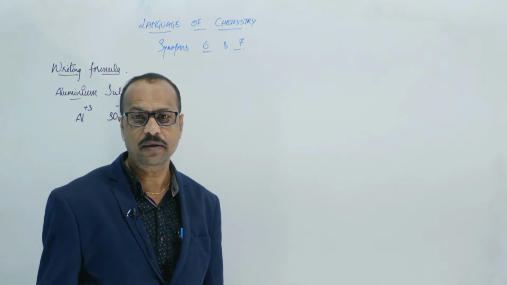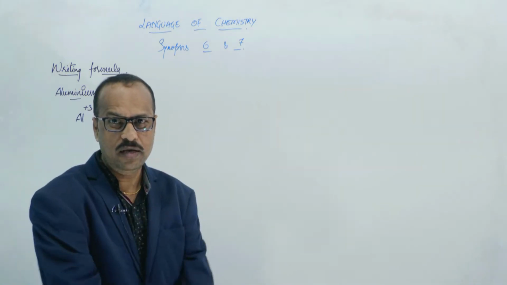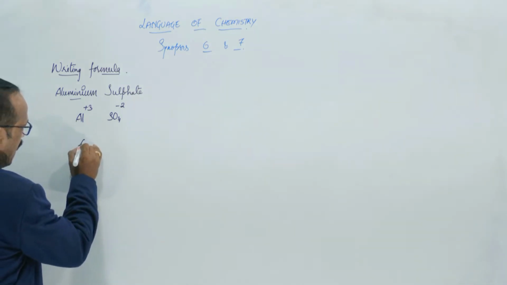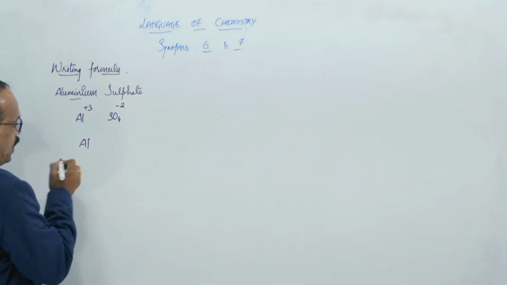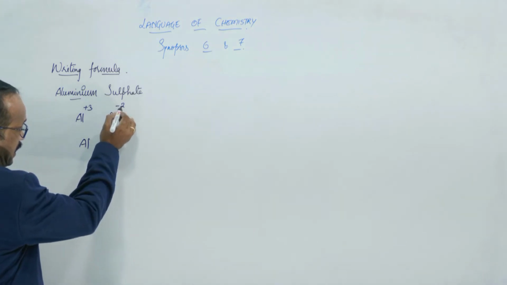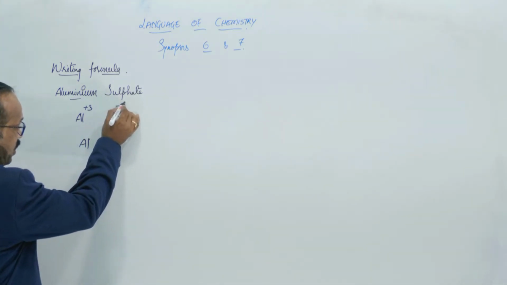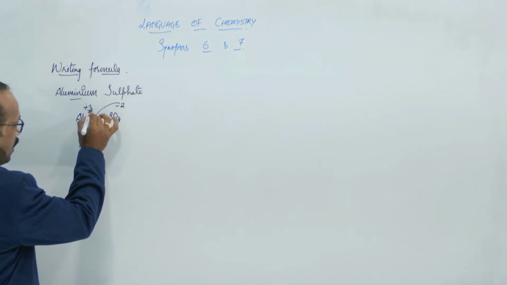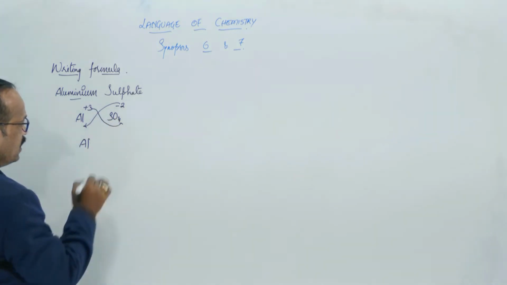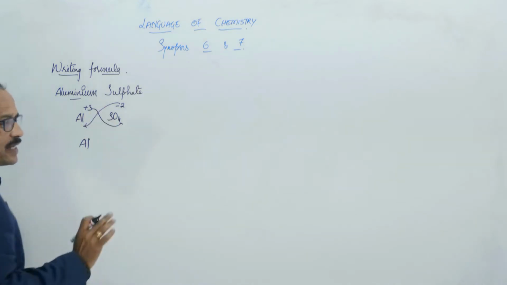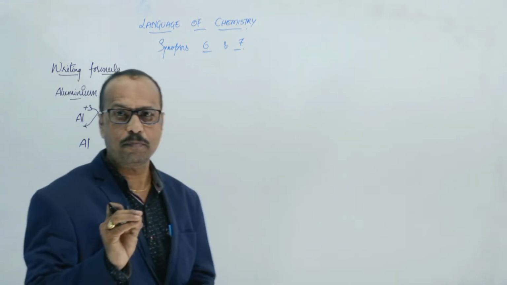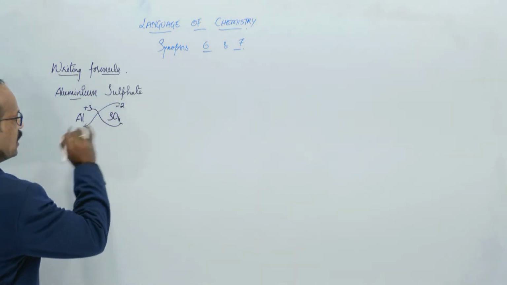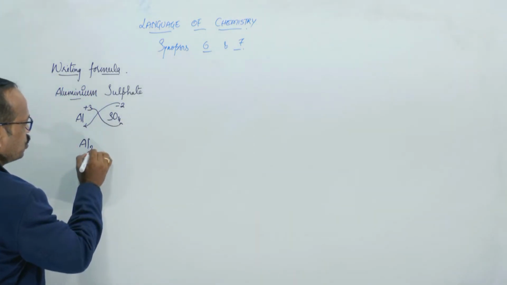Which method are we using? Crisscross. Now when you are writing, aluminium, and crisscross means the valency of sulfate we write for aluminium, and the valency of aluminium we write for sulfate. But you need not write the signs, the plus and minus symbols. So leave the minus from -2, just write 2.